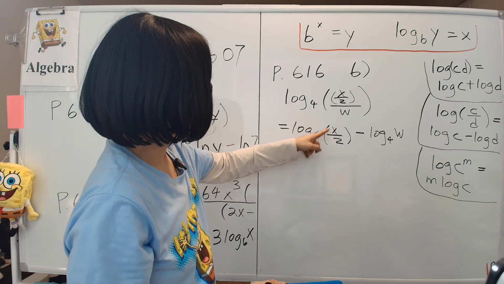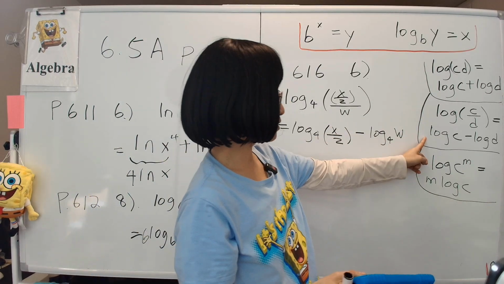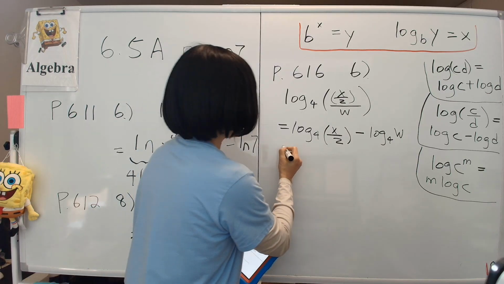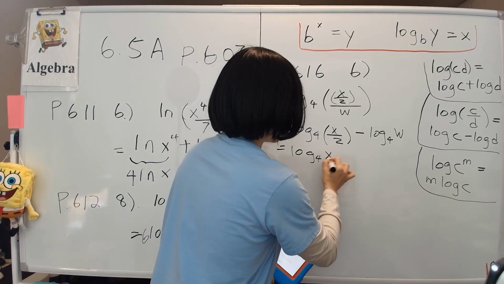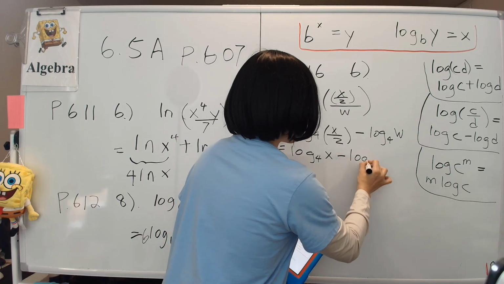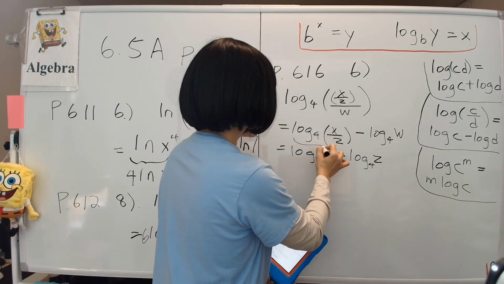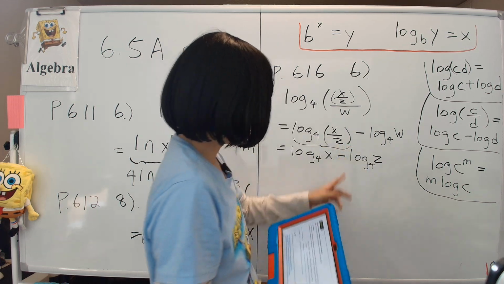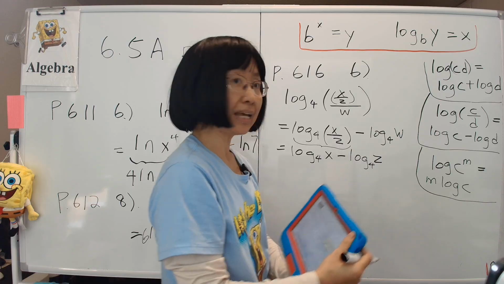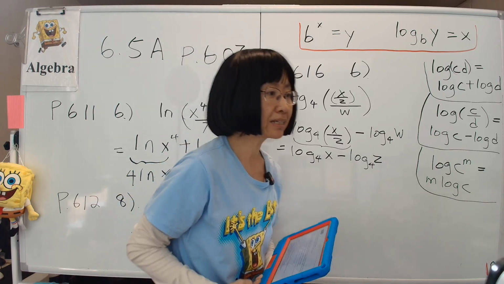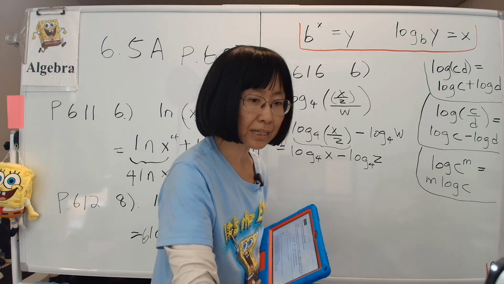Division translates into a simple subtraction. So that will be equal to log base 4 of x, subtracted by log base 4 of z, and that's just this part. And then for the entire answer, you add that to it, minus log base 4 of w, so the whole thing would be the answer to this problem. And that's problem 6.